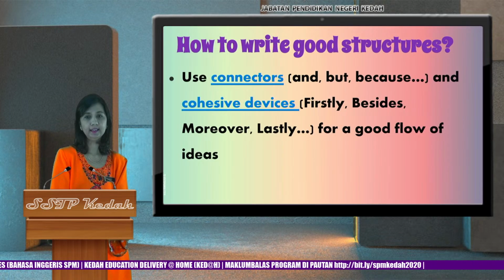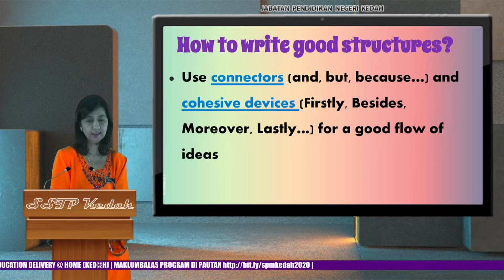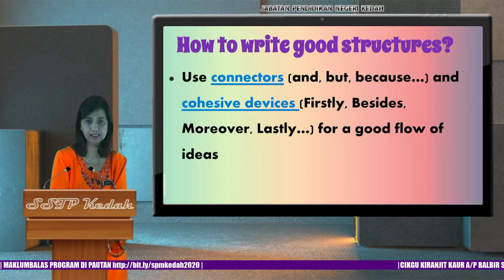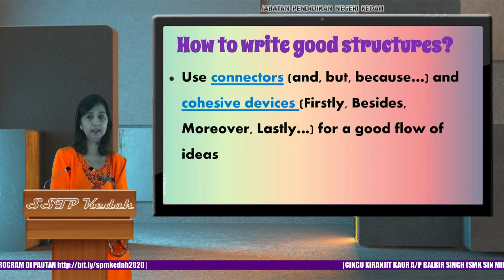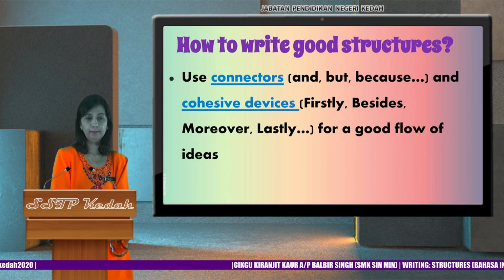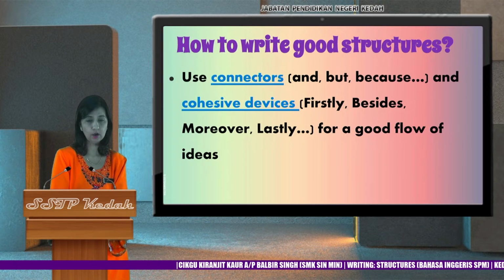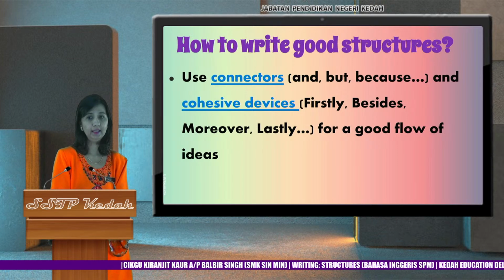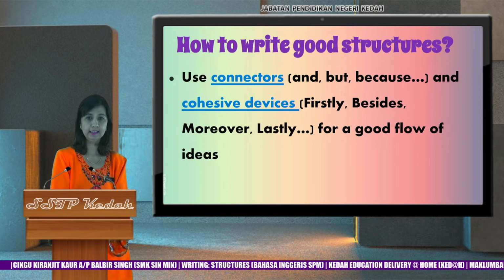Okay, the next thing that you need to remember is, apart from varying your structures, you need to add connectors and cohesive devices. Connectors like and, but, because, and cohesive devices which are usually put at the beginning of a sentence or a paragraph. Okay? For example, firstly, besides, moreover, lastly. Now this is for a good flow of ideas.